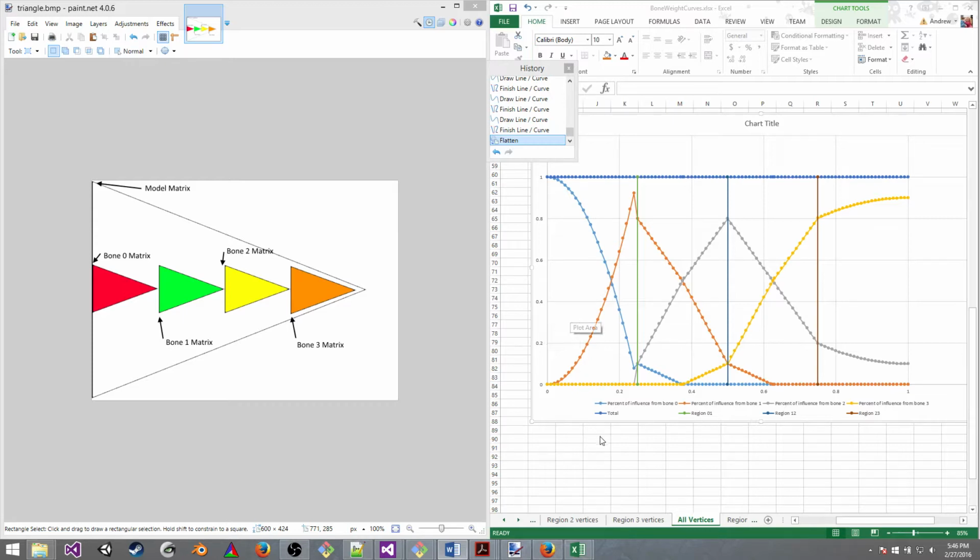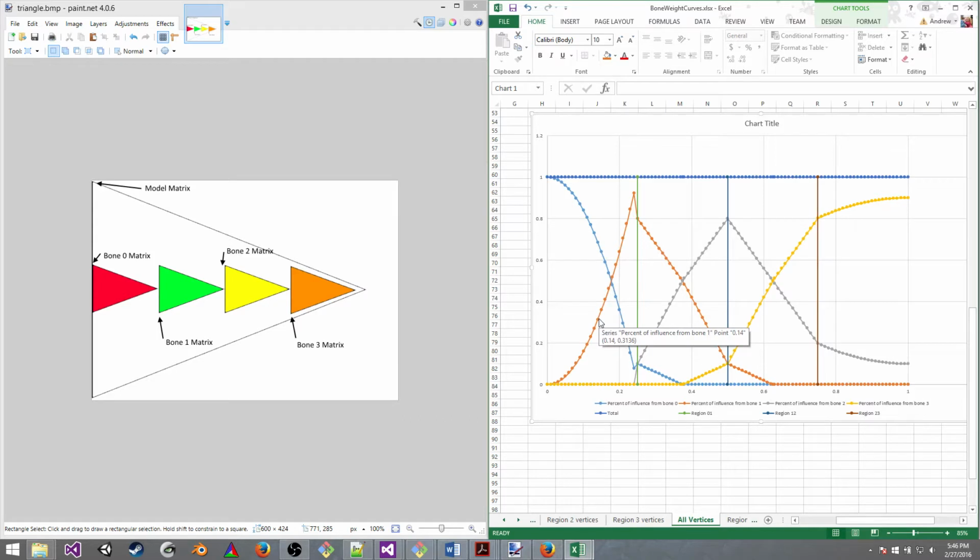Here are the bone weight curves for each region. The vertices in region 0, where bone 0 resides, are affected by bone 0 and bone 1. The vertices in region 1 are influenced by bone 0, by bone 1, and by bone 2.